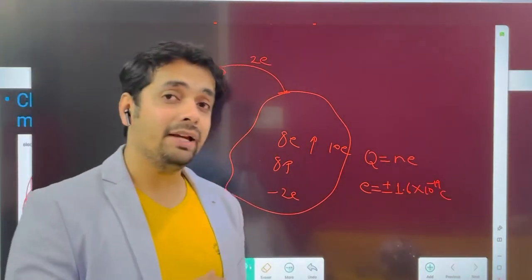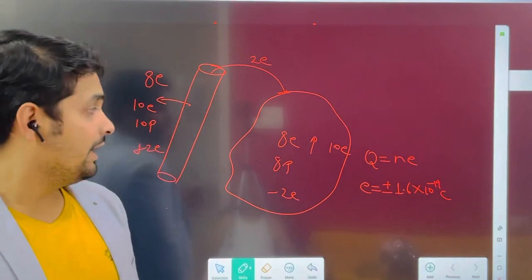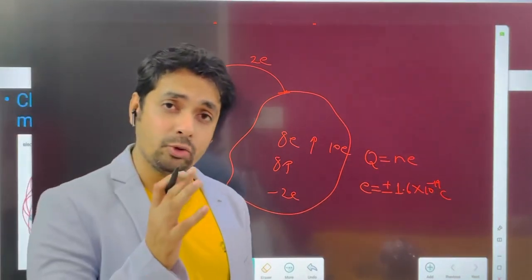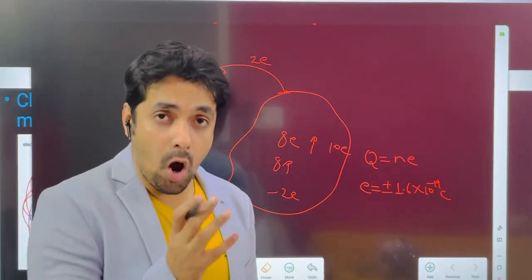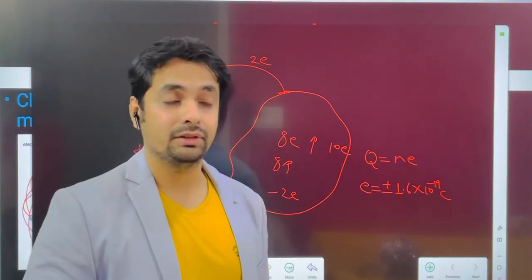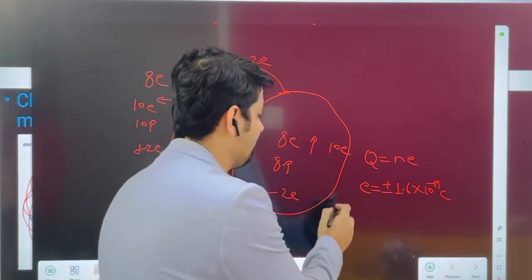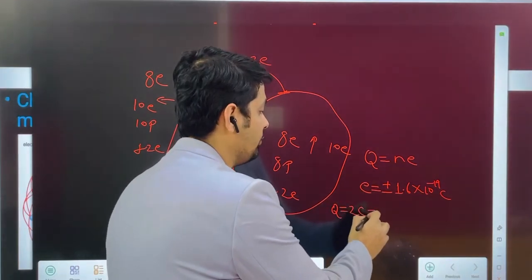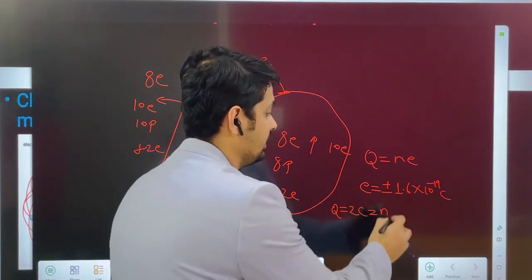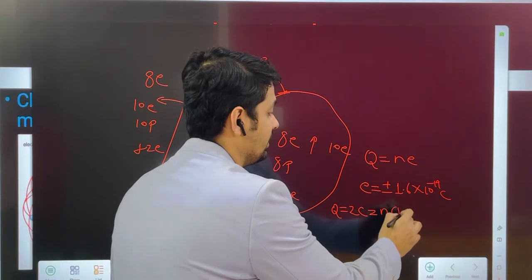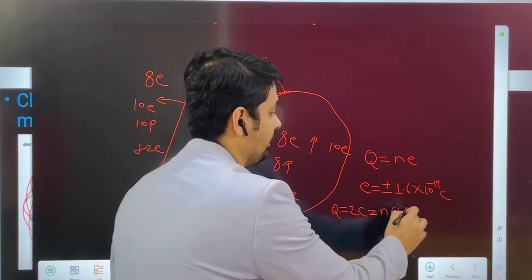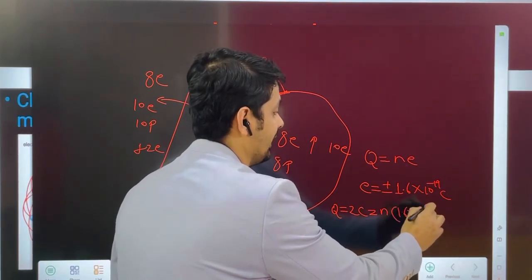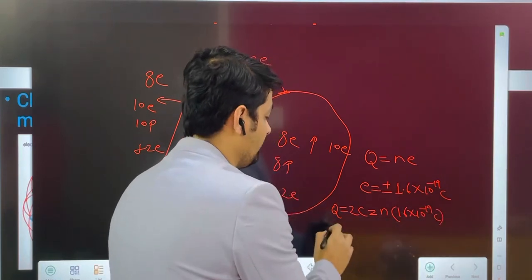Now we can understand this by a very simple example. If there is a charge of plus 2 coulomb on any body, how many extra protons are there? So here I put Q equals 2 coulomb, and I have to find the number of charge carriers, so I will write the charge value as 1.6 into 10 to the power minus 19 coulomb. Now what is the N value?